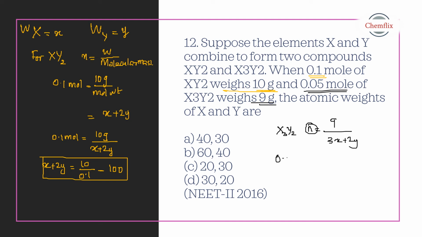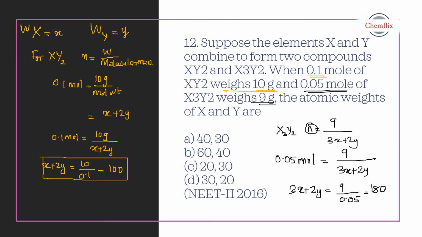So 0.05 mole is equal to 9 divided by 3x plus 2y. Therefore, 3x plus 2y is equal to 9 divided by 0.05. So what will you get? 180.